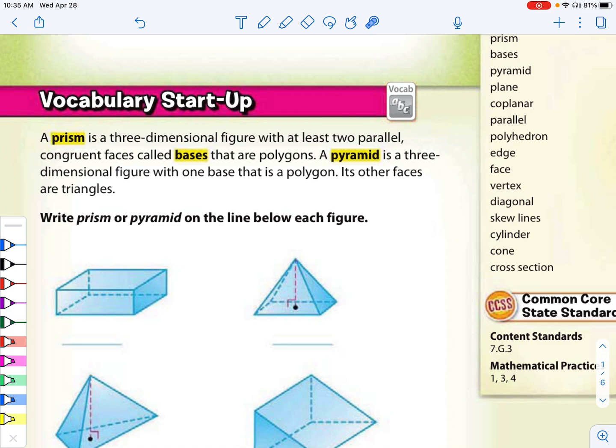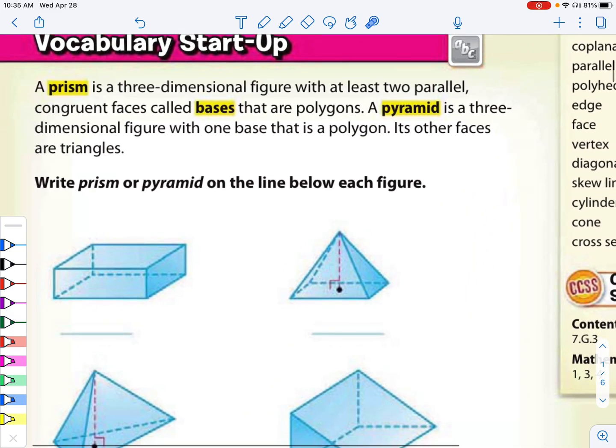Now let's take a look at this definition for a minute. We know that a three-dimensional figure has 3 dimensions: length, width, and height. It has at least two parallel, congruent faces. Parallel means lines that do not meet. So when you talk about parallel lines, they are lines that never meet. But in this case, they are faces, so they are flat.